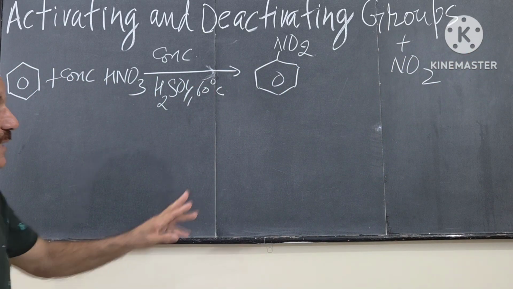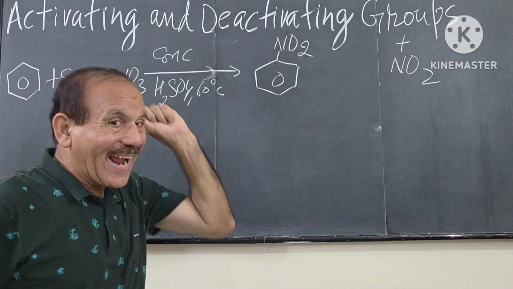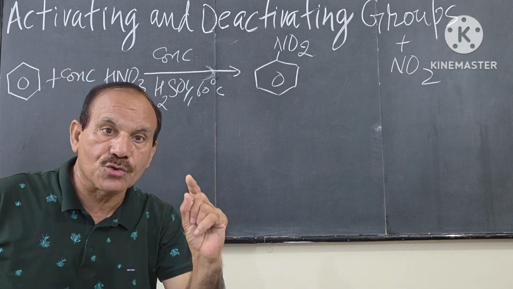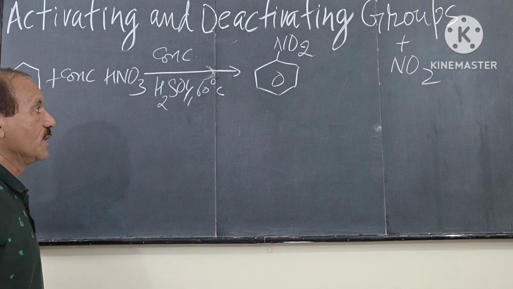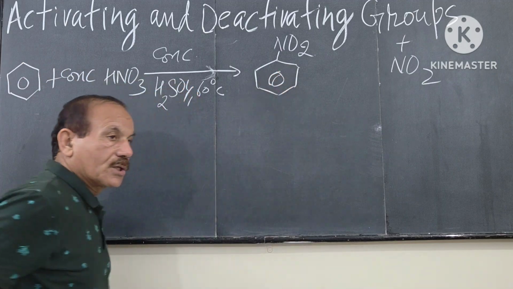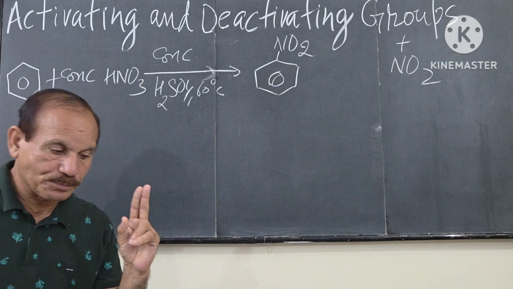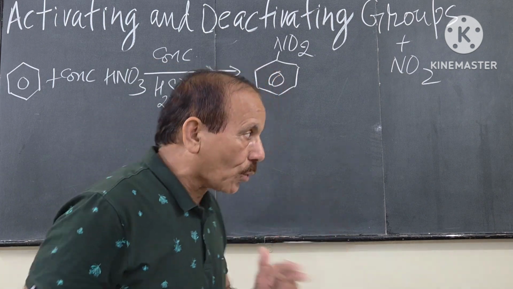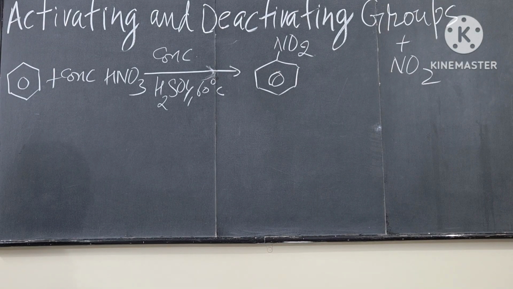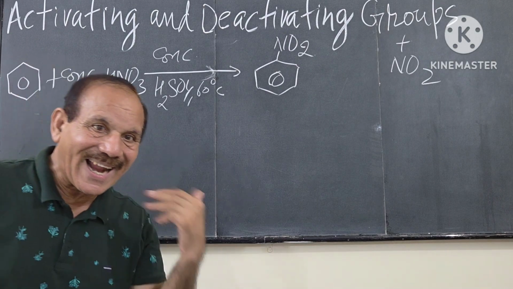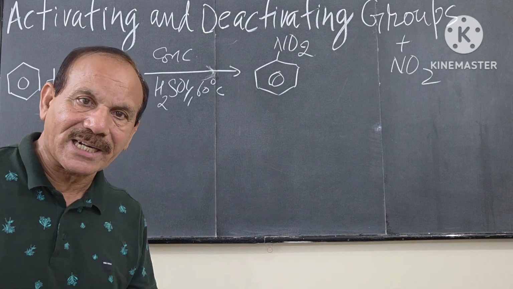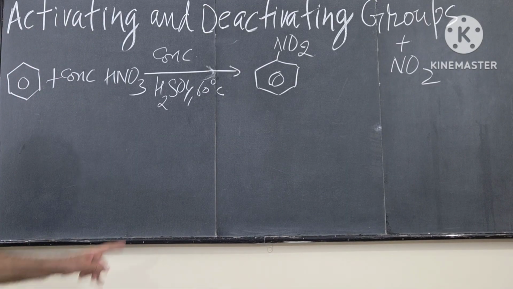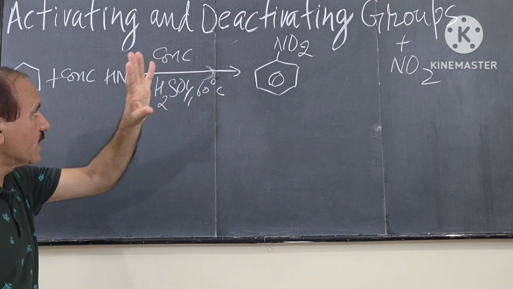And this NO2 positive attacks the benzene ring, which is a rich source of pi electrons. Benzene contains 3 pi bonds or 6 pi electrons, and the benzene ring is attacked by the electrophiles. This is the first reaction, which occurs at 60 degrees Celsius.